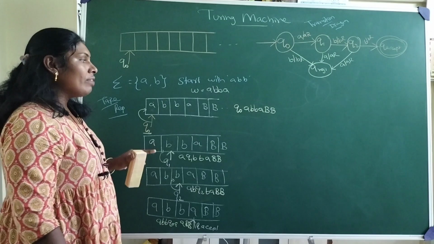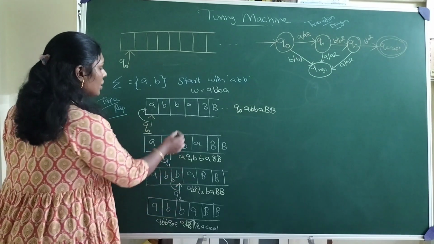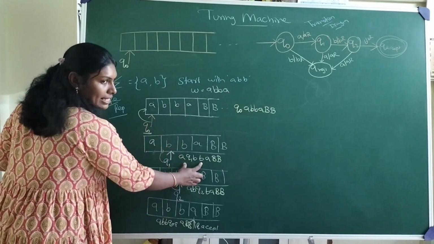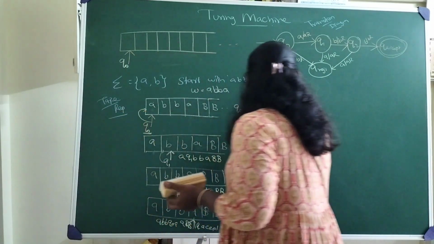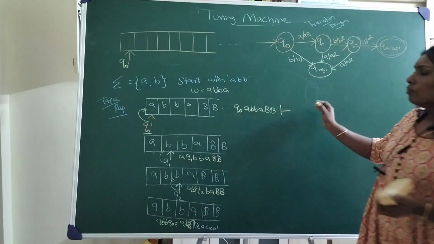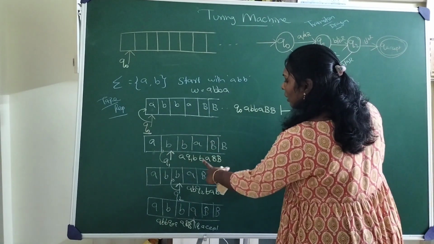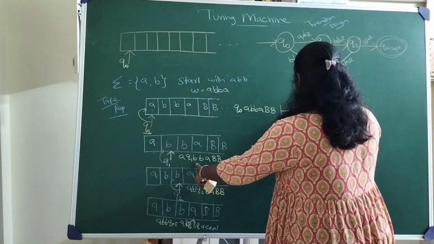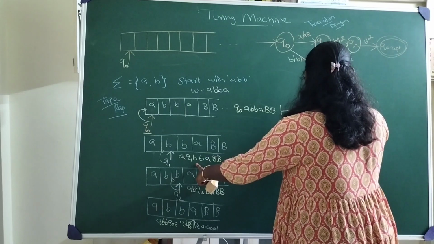And remember one more thing: when you are writing instantaneous descriptions, from this step you get the next step, so you can write a move symbol. This is called a move of a Turing machine, one single move. From this step I got this step, Q1 B B A blank blank.